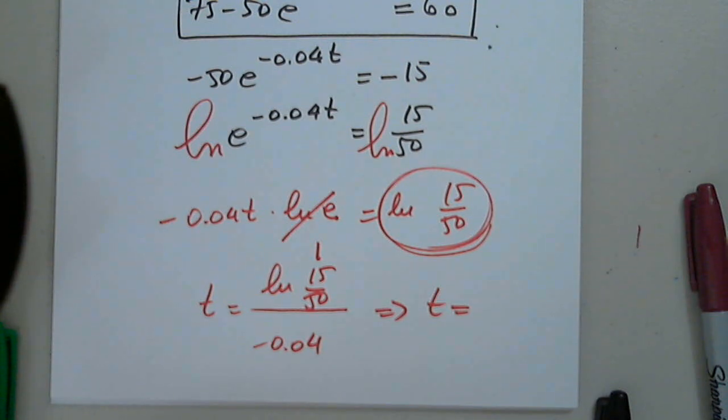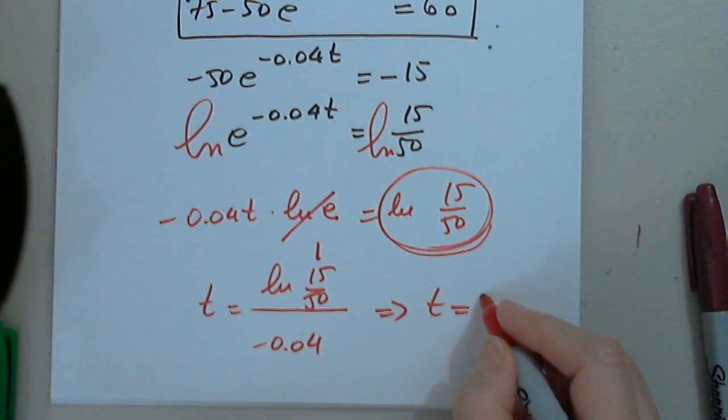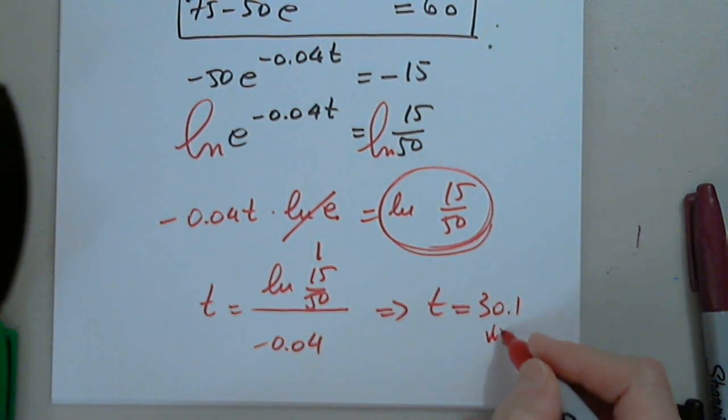You need parentheses because this number starts with a negative symbol, 0.04. And now this is the number of weeks. It has to be a positive number. The number of weeks when the stock is supposed to get to $60. 30.1 weeks.